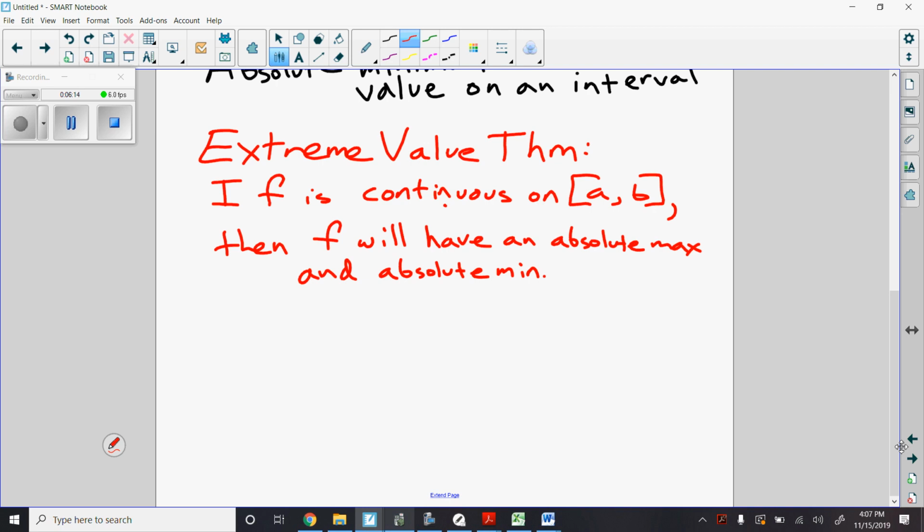Okay, so that's part of it. Continuous on a closed interval guarantees an absolute max and an absolute min.